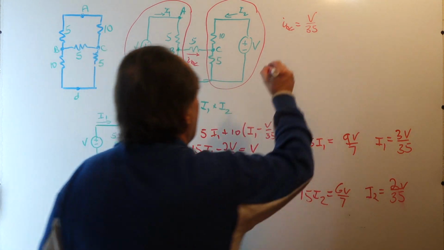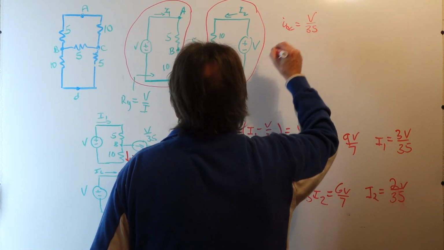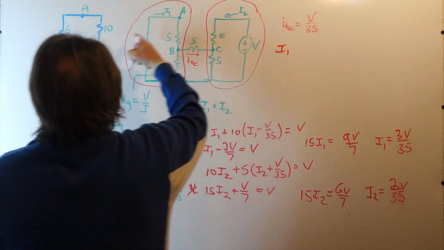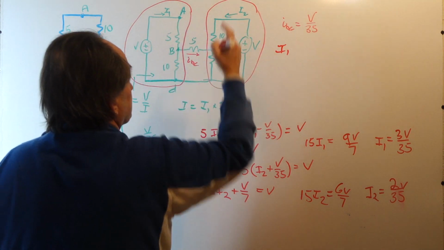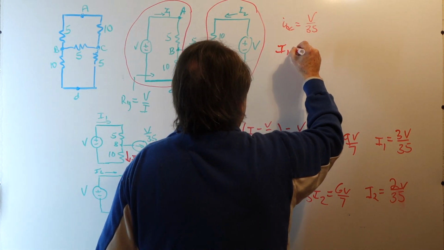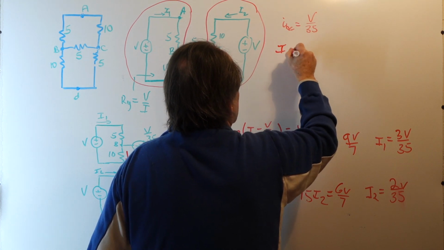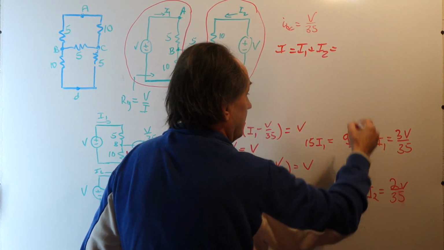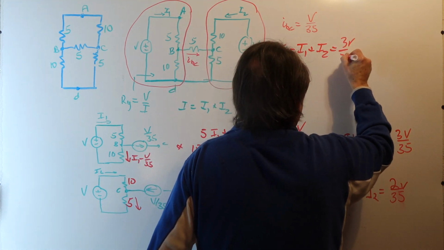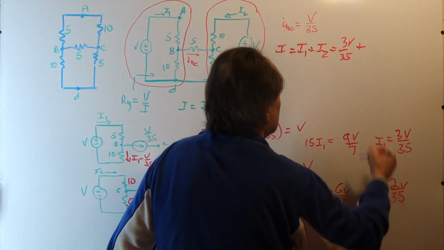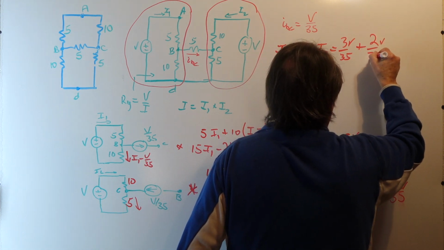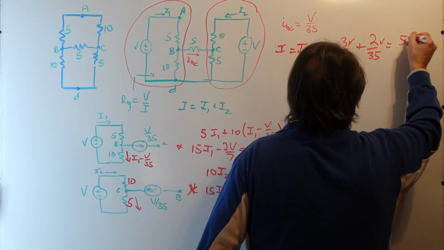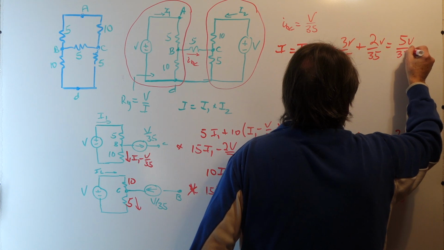Now, I, which we're solving for, remember I is equal to I1 plus I2. So I is equal to I1 plus I2. I1 is 3V over 35. I2 is 2V over 35. So we end up with 5V over 35.